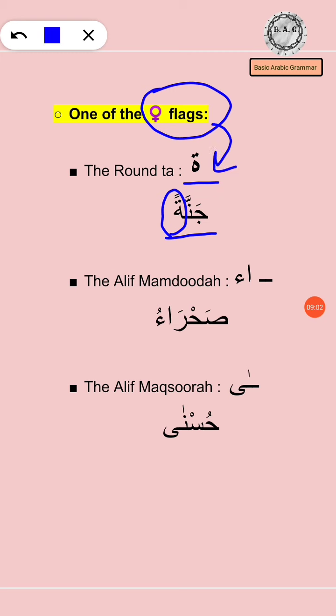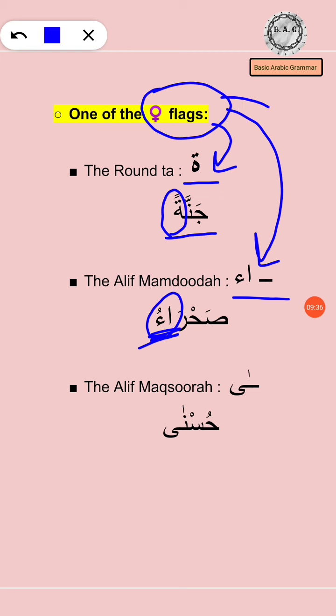What's the other flag? We have the alif hamza combo, called alif mamduda, and for example sahra'u, desert. If you see this combo at the end, it is considered a feminine flag, so the chances are that it's going to be feminine.